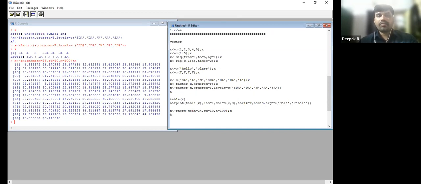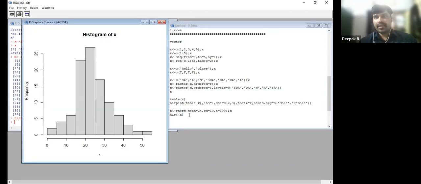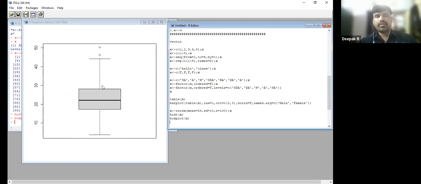And if I want to look at the histogram, it is possible for us to understand this data right away, or understand the distribution of this data, and briefly understand what this data is. Are there any outliers?